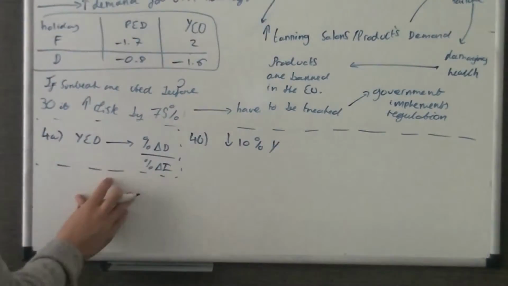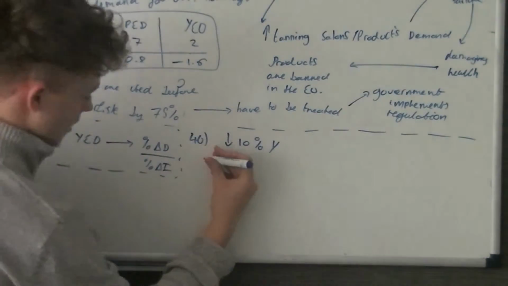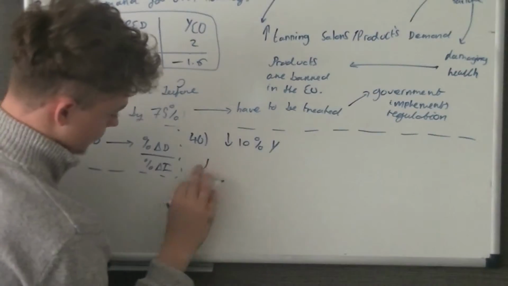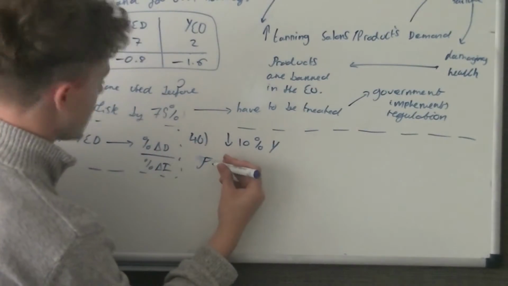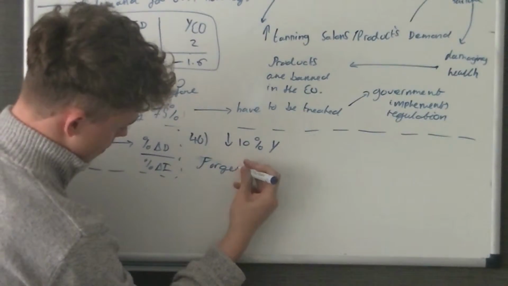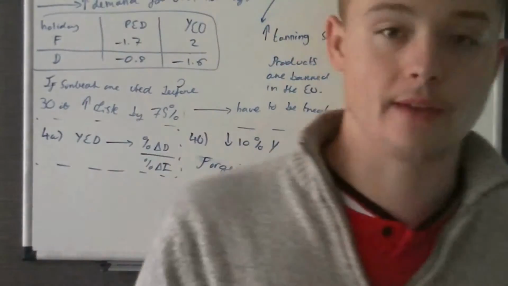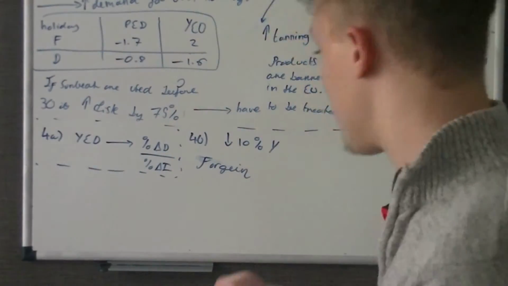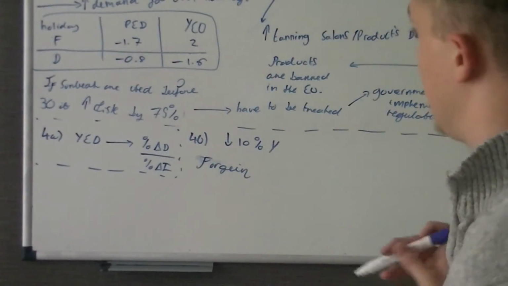So if we use this formula YED, let's go for the foreign holidays first. What we need to say is what the figure means and what impacts it has if income falls. So it's quite a nice one. It's not comment on the business relevance, which is quite a difficult one. It's quite a simple one.